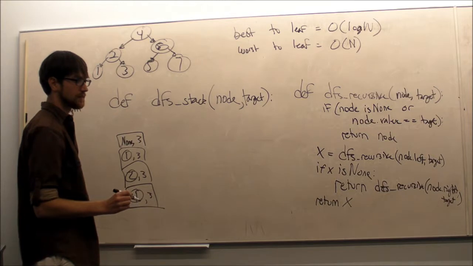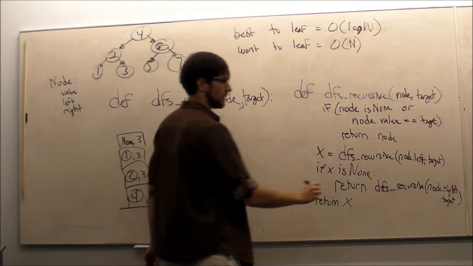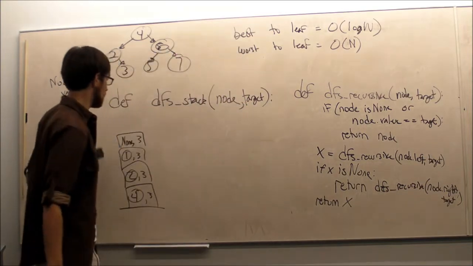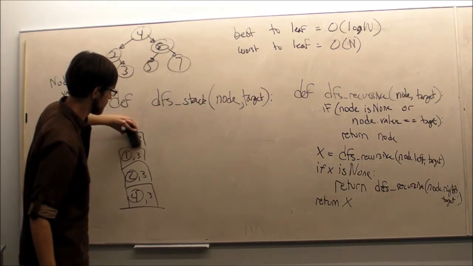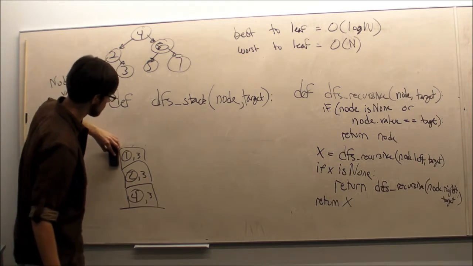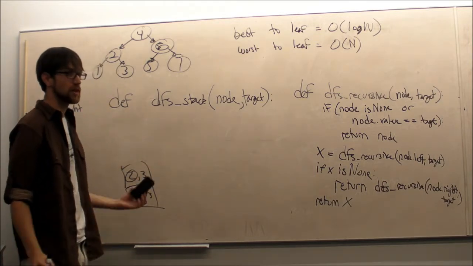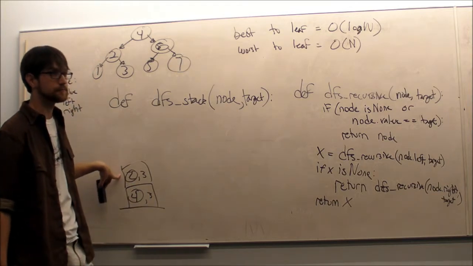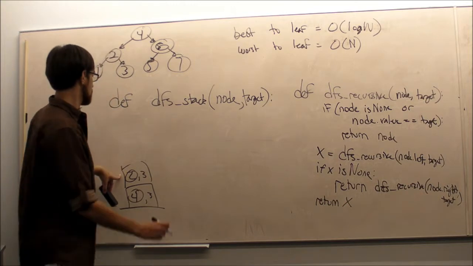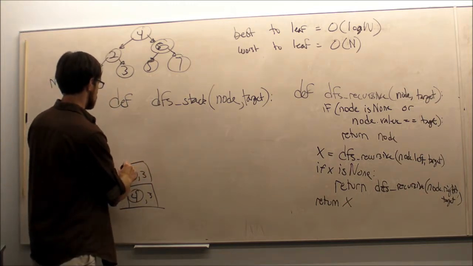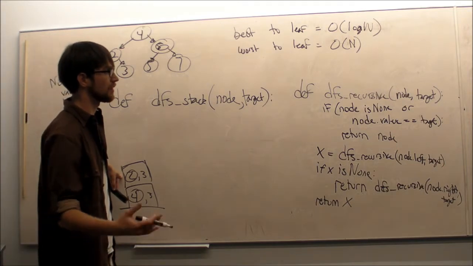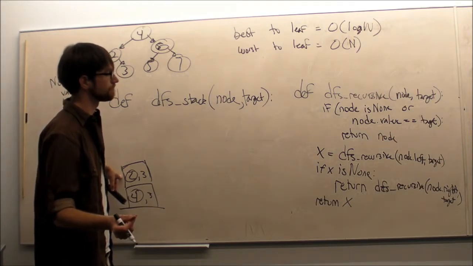Now we just return whatever comes out of the right child. And this guy's just returning his right child as the depth-first search result. So we've stepped back to here. And in terms of the number of function calls, it's dependent on the number of n.